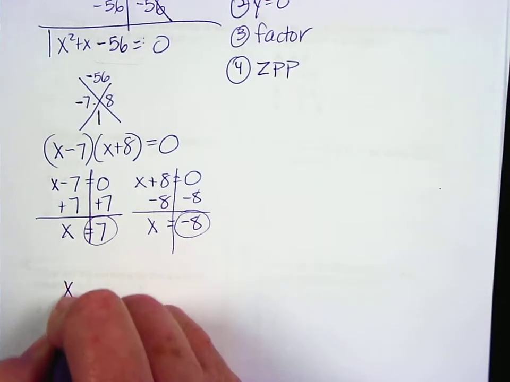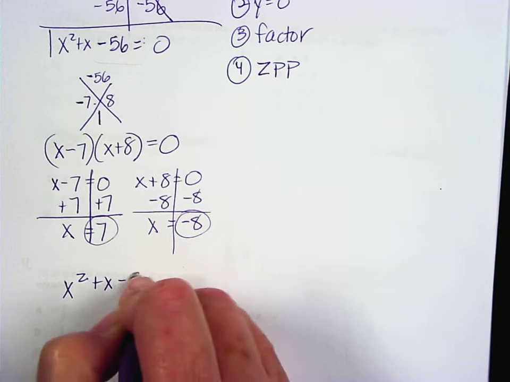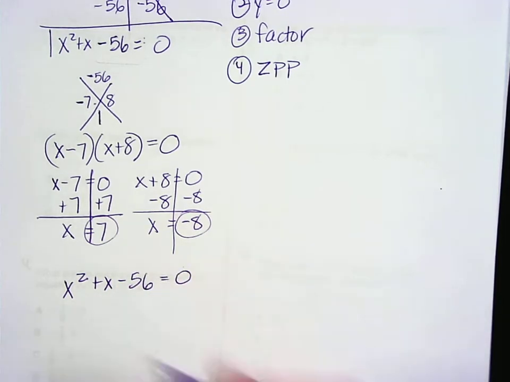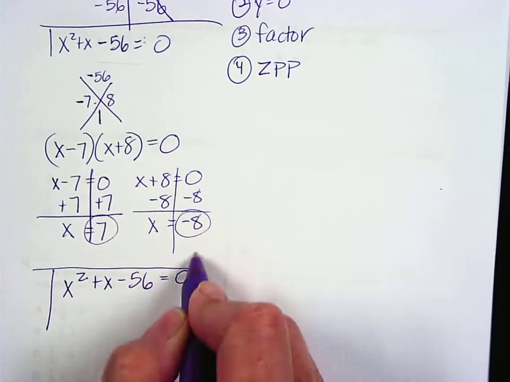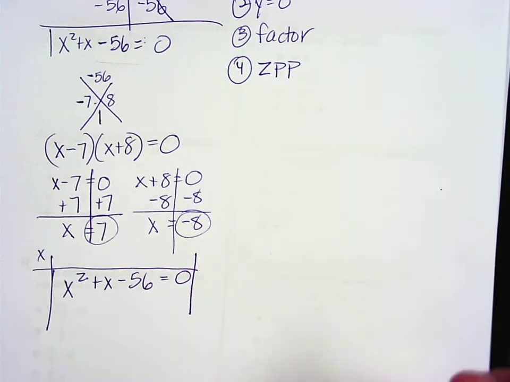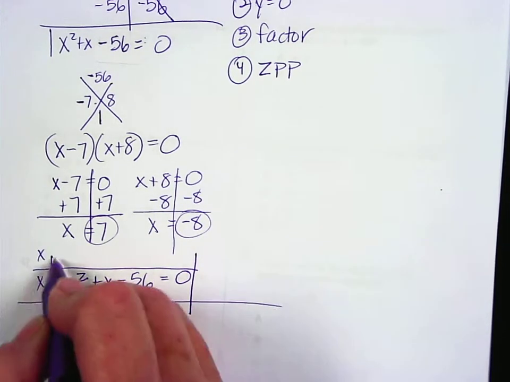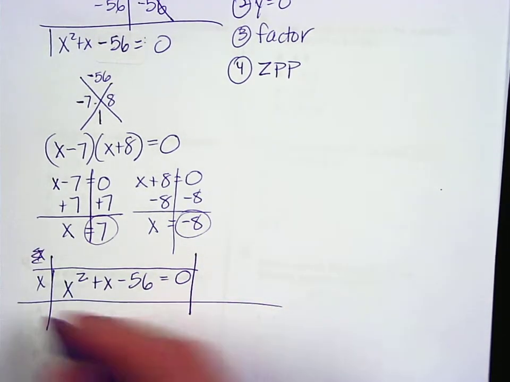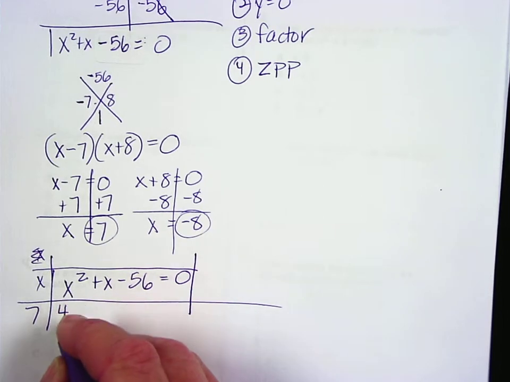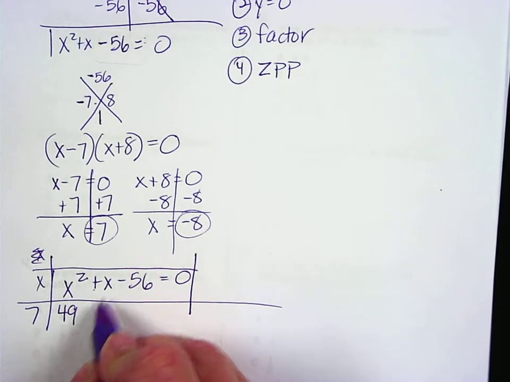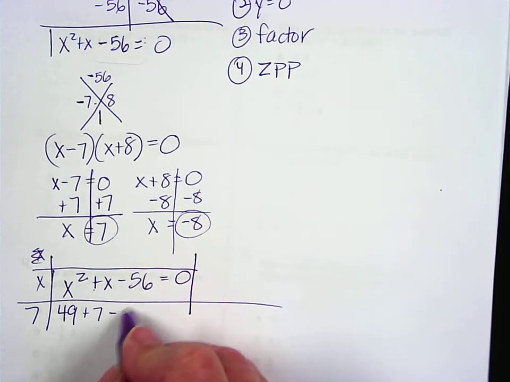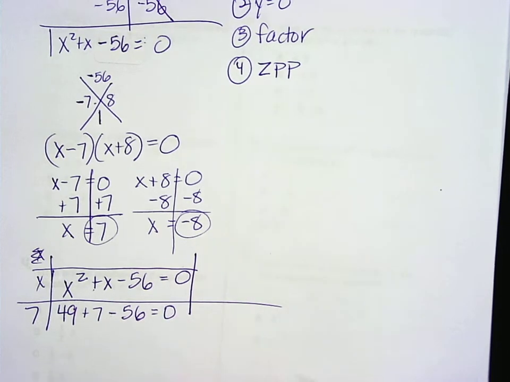Well, let's plug them into our equation. If x is 7, then this is going to be 49 plus 7 minus 56 equals 0.